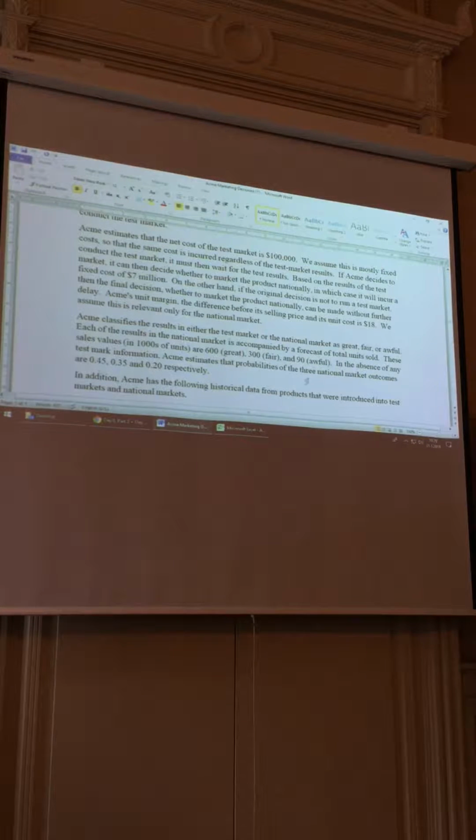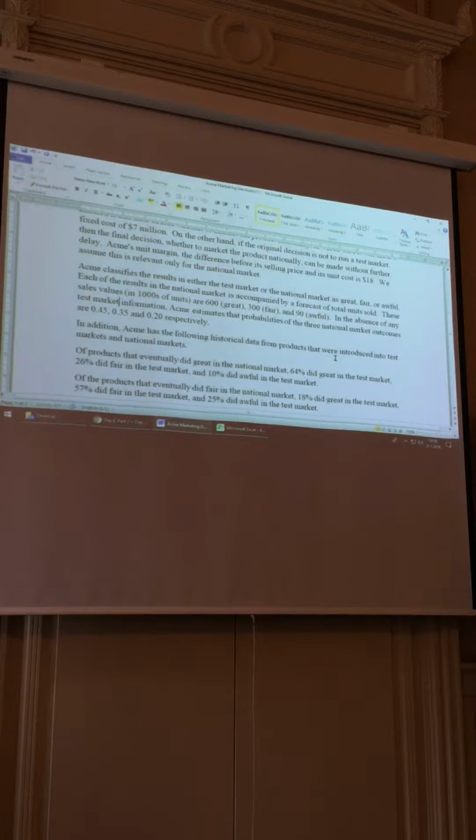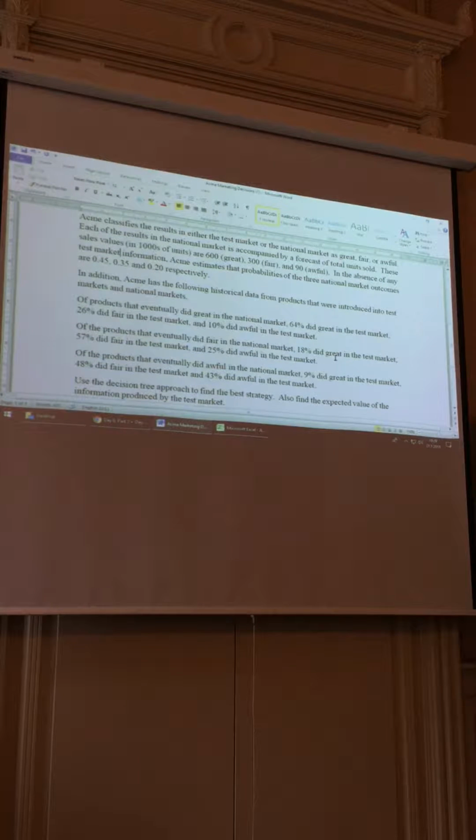In absence of any test market information, Acme estimates the probabilities of the three national market outcomes to be 45, 35, and 20. In addition, Acme has the following historical data from products that were introduced into test markets and national markets.